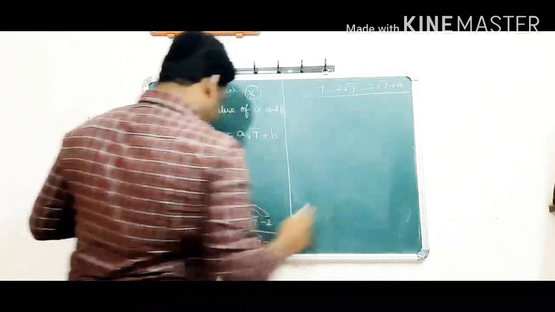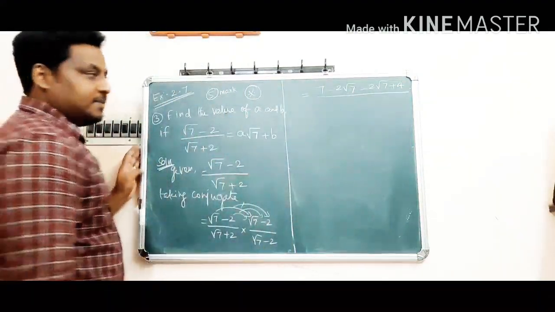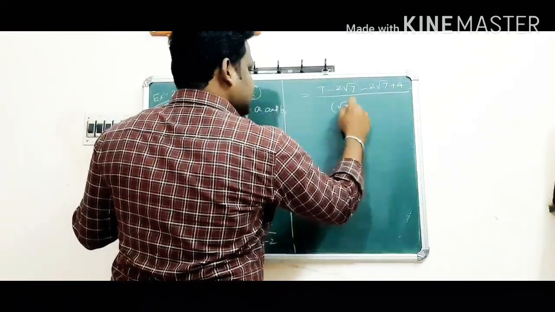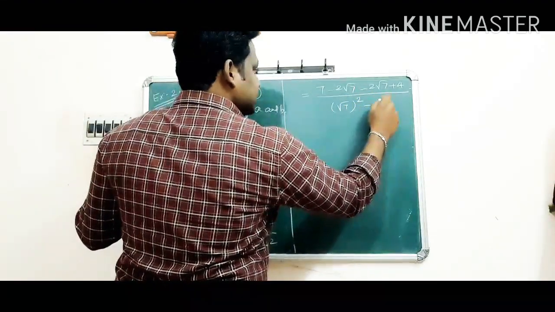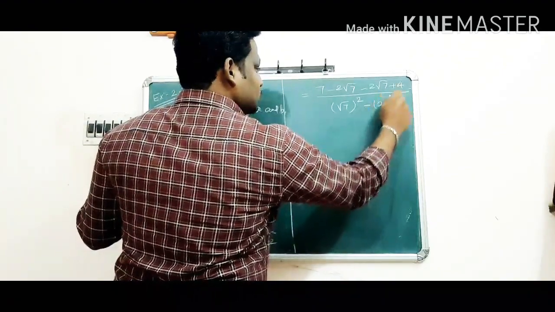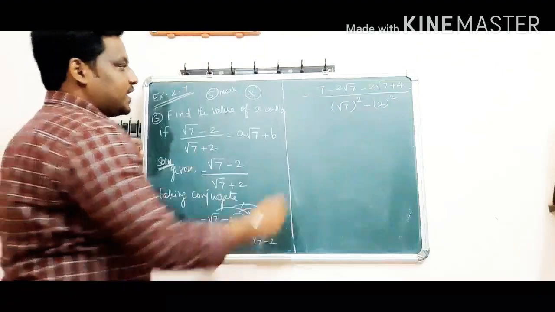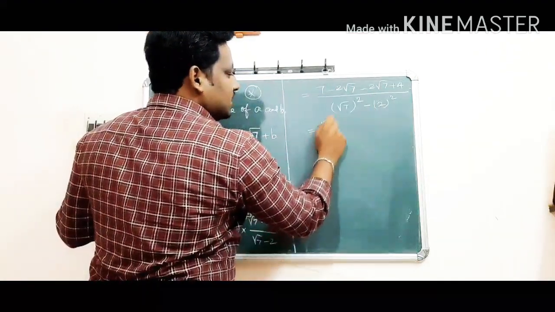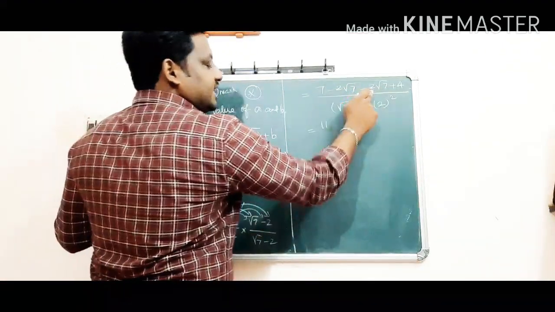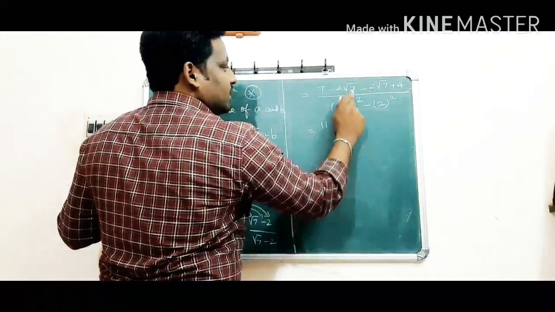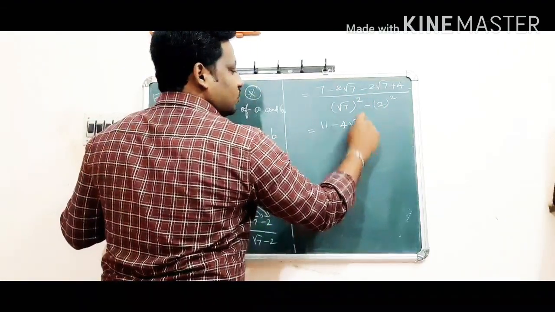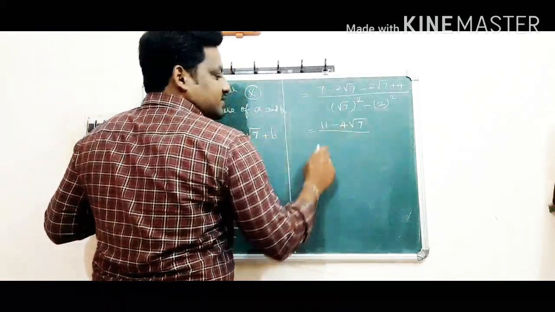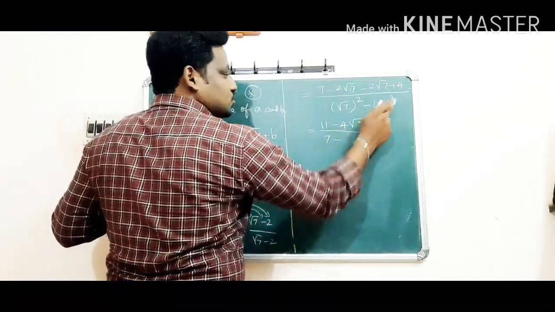The whole divided by, obviously the denominator is in a plus b, a minus b form. So you can take it as root 7 square minus 2 square. Okay, so 7 plus 4, that is equal to 11. Minus 2 minus 2, minus 4. Root 7 is common, minus 4 root 7. Okay, the whole divided by root 7 square is 7 minus 2 square is 4.